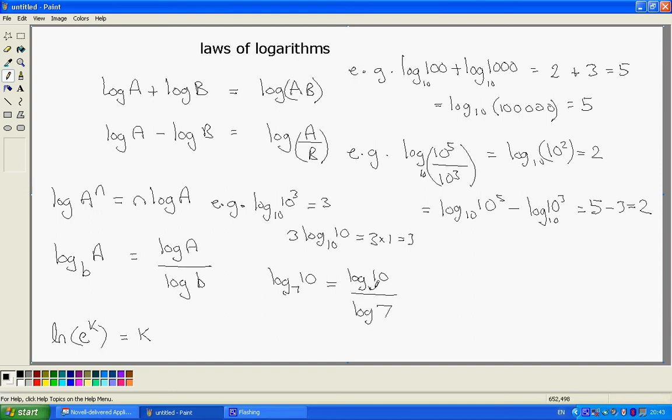So as long as these are the same base, but we'll just use 10 for convenience, then that would work to give you log base 7 of 10. So the way to remember this is take the log of the argument of the original log divided by log of the base which sits just underneath.